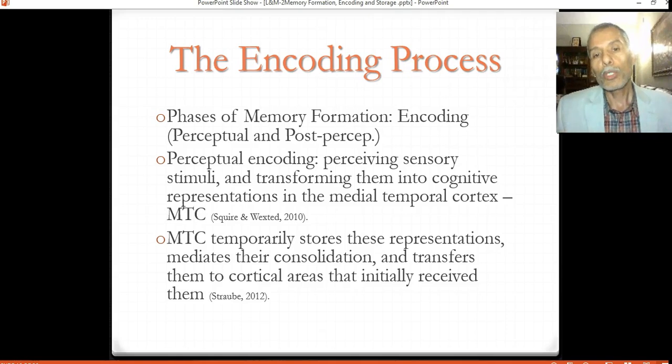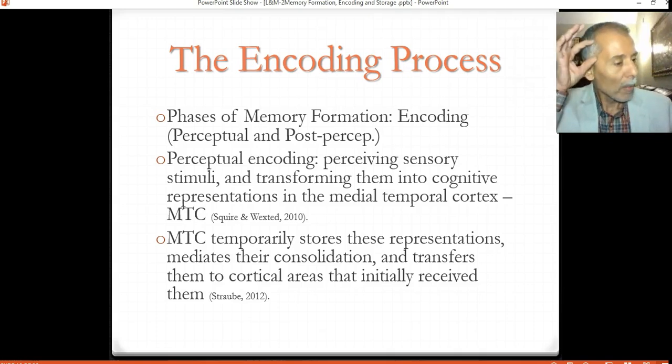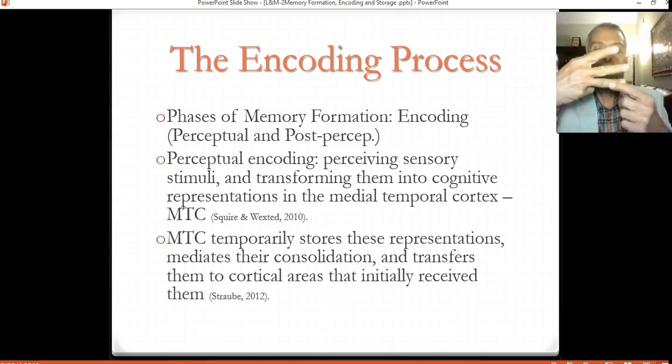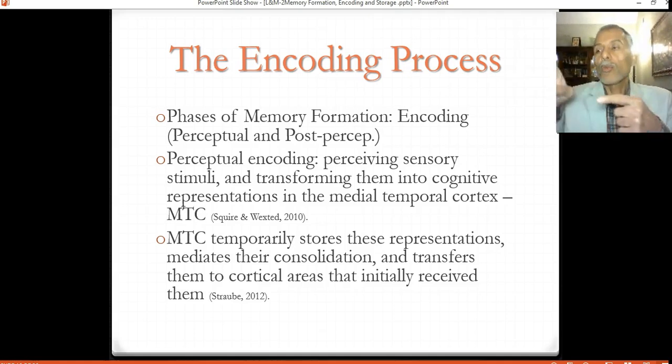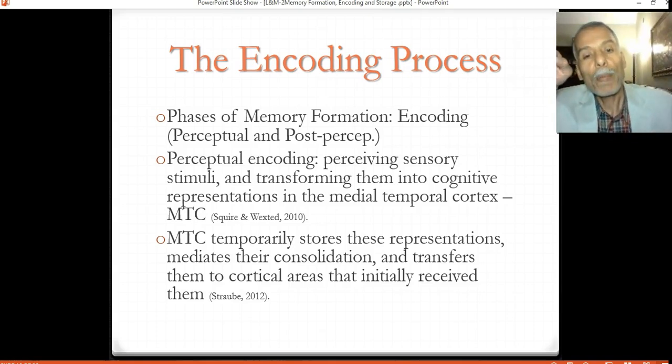So perceptual encoding is perceiving sensory stimuli, transforming them into cognitive representations in the medial temporal cortex. So the temporal cortex has 3 lobes, and in the middle, when you look in the back, you are going to find the memory center, the hippocampus.